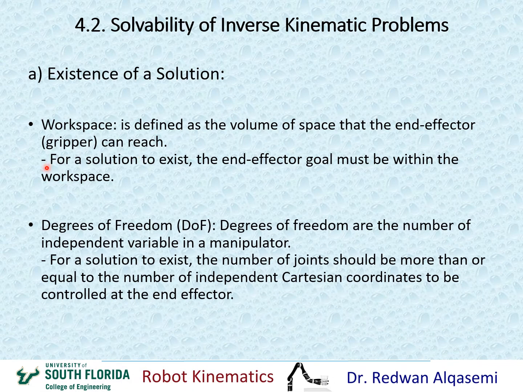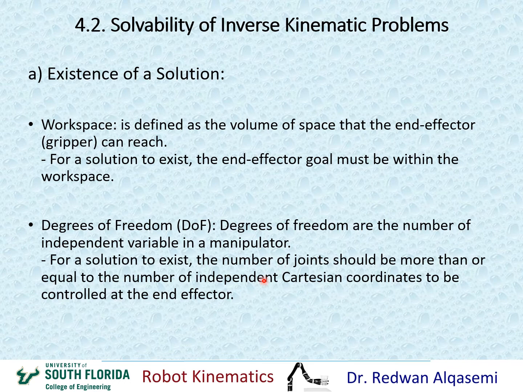The second item I'd like to define is the degrees of freedom, and they're defined as the number of independent variables in a manipulator. Okay, so if I have 3 joints, that means I have 3 degrees of freedom. If I have 4 joints, I have 4 degrees of freedom, and so forth. For a solution to exist, the number of joints should be more than or equal to the number of independent Cartesian coordinates to be controlled at the end effector. For example, I may have a 3-joint robotic arm.